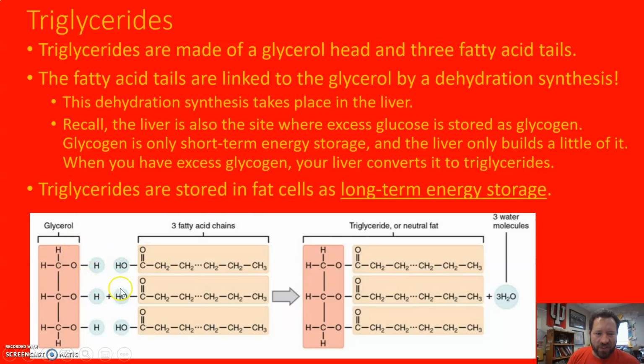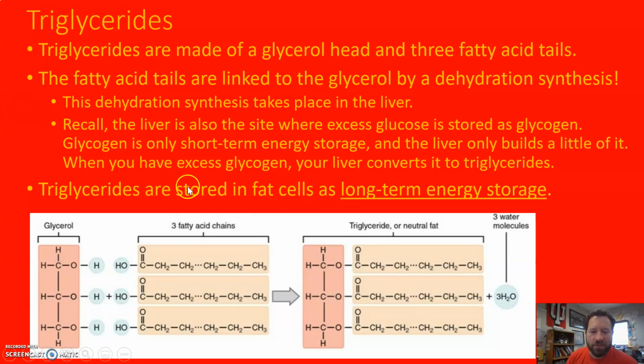Hopefully you guys are recognizing this right here, that HOH is going to leave, and it's going to bond this carbon, a carbonyl carbon, with the oxygen of the glycerol head. That leaves an ester bond, and we call that, hopefully it's getting familiar to you, a dehydration synthesis. So water's coming out as we link these fatty acid tails to the glycerol head.